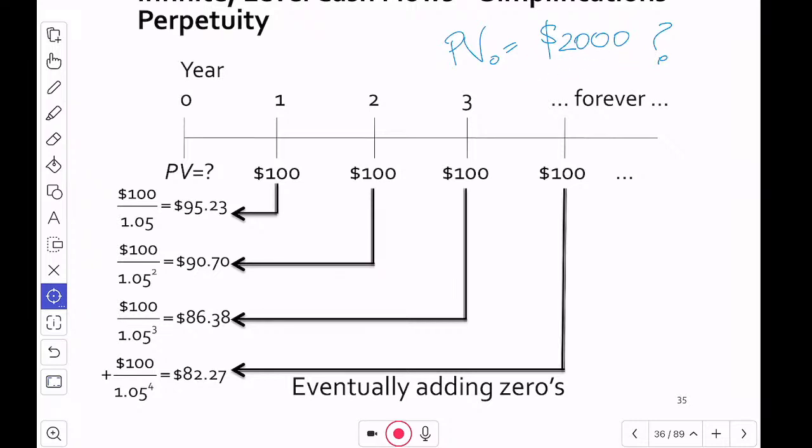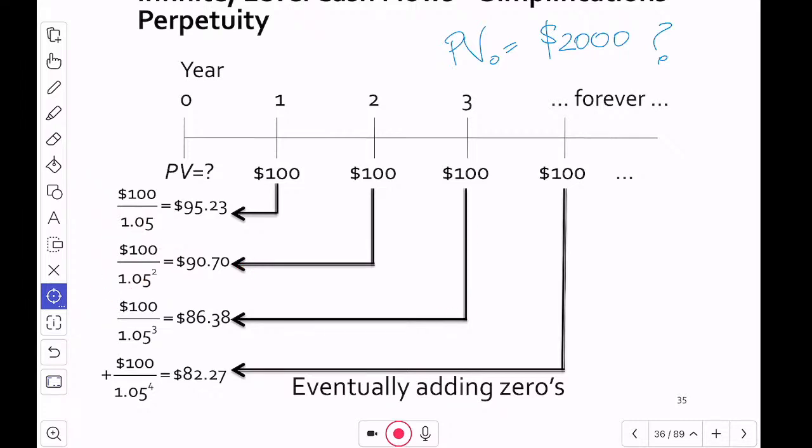Well, it's possible because of the time value of money. If we look at each cash flow one at a time and discount them, notice that $100 in 1 year is really worth $95 today if we discount it to today's dollars or today's purchasing power. In 2 periods, the $100 that we will get is only worth $90.70 today, again because of the time value of money.